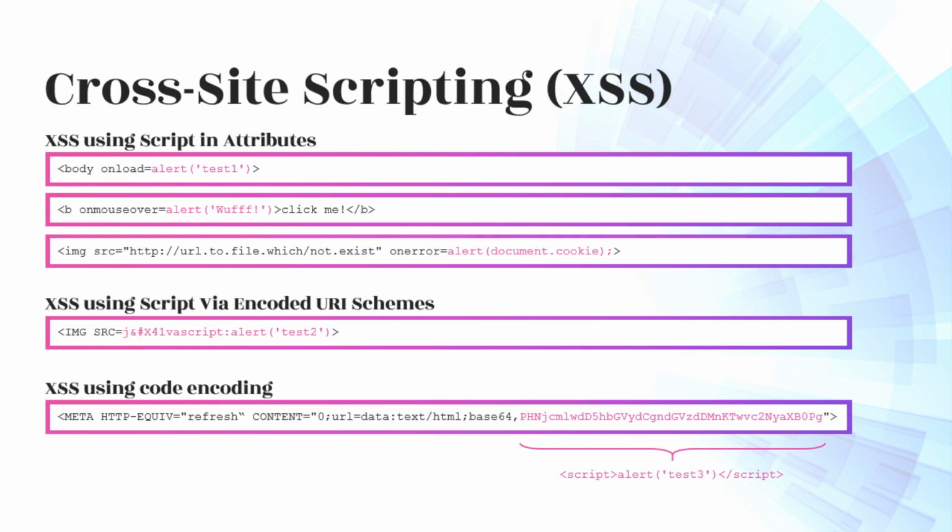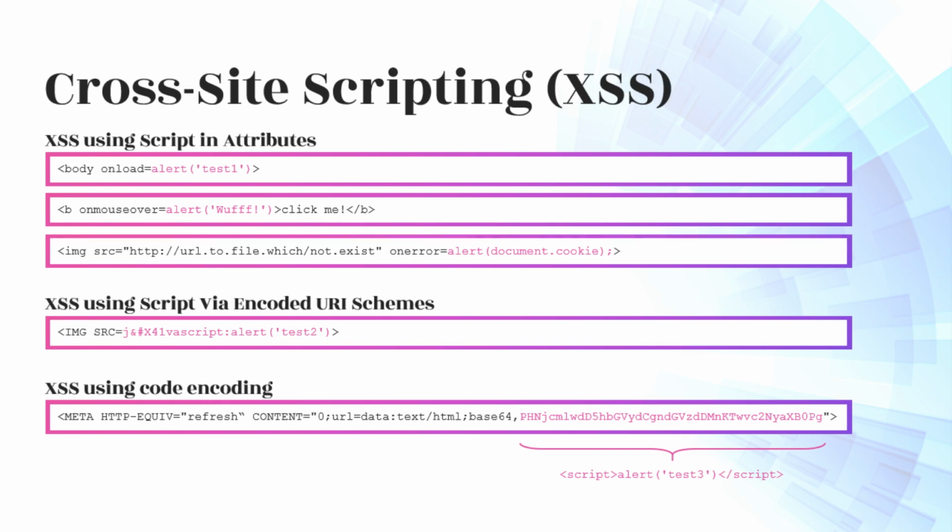Now, scripting could also be encoded in order to avoid detection, and this is what we have in these remaining two examples. One is encoded URI schemes, and the other is having the code itself encoded, so it wouldn't be identified as easily as it was in plain text.